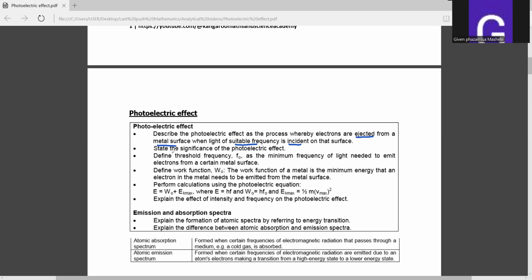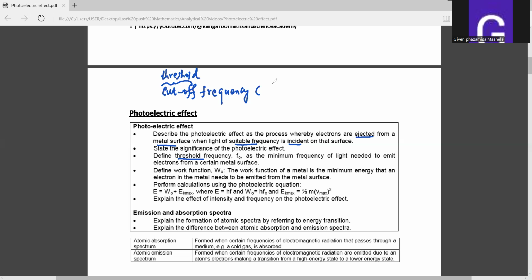And again, we must be able to state the significance of the photoelectric effect. Then you must be able to define a threshold frequency. We call it a threshold frequency or a cutoff frequency. In other books, they call it a cutoff frequency, so the words cutoff and threshold are used interchangeably.